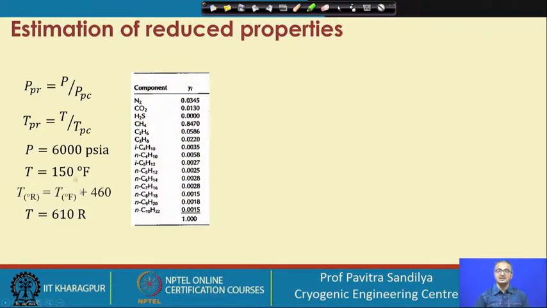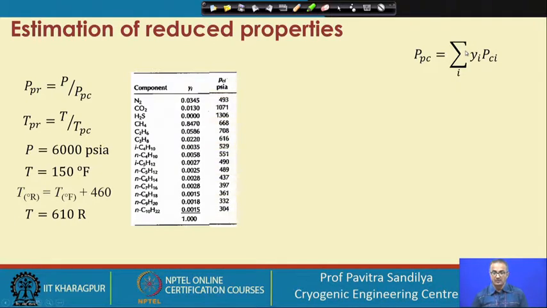After this, we again consider the composition of the natural gas, and here we have the formula for the pseudo critical pressure. Again from Kay's rule, it is the summation of the product of the mole fraction and the critical pressure of each of the components.